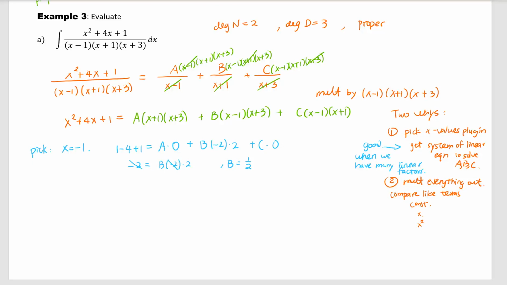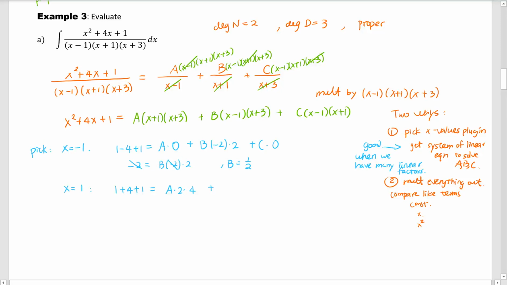Okay, what is the next value we should plug in? Well, look at this guy. What x can make this guy 0? Well, x equals 1, right? So plug in x equals 1. And then on the left, 1 plus 4 plus 1. On the right, 1 plus 1 is 2. 1 plus 3 is 4.